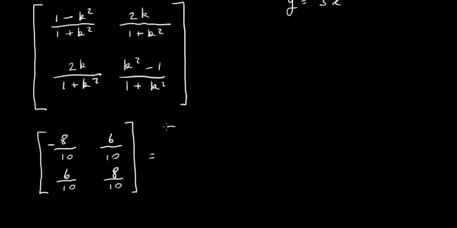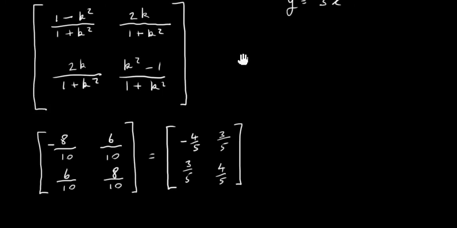Okay, so this is our matrix. I'll just simplify that. So here we've got minus 4/5, here we've got 3/5, here we've got 3/5, and here we have 4/5. So this is the matrix we're going to use.